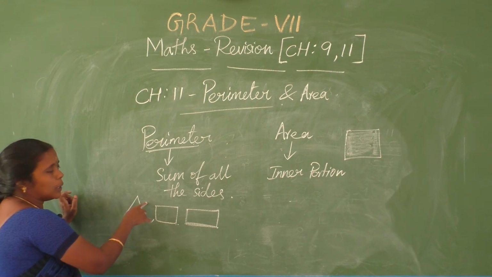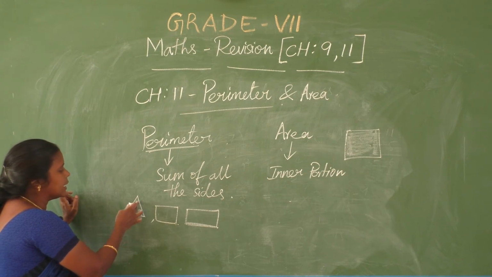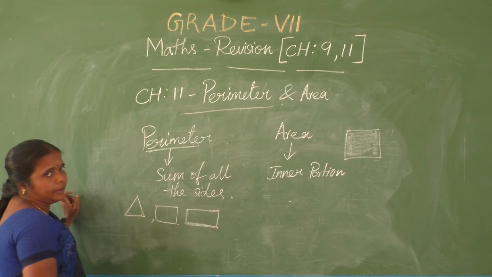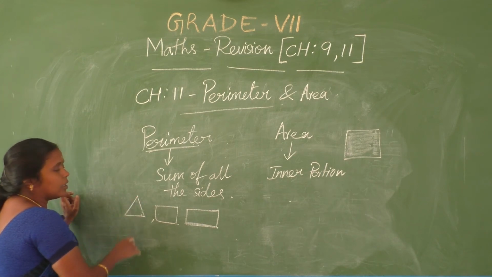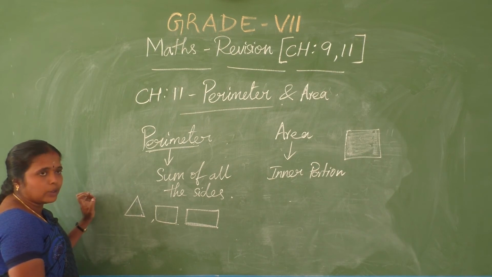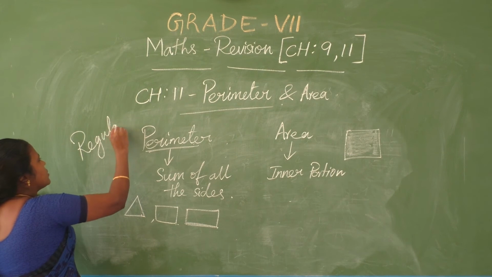All the sides are equal, no? That is called a regular triangle. When all the sides and the angles are equal, it is called regular. What is regular?